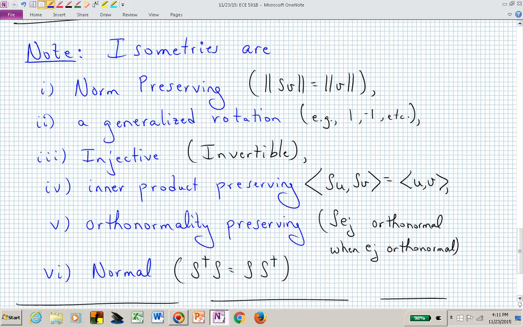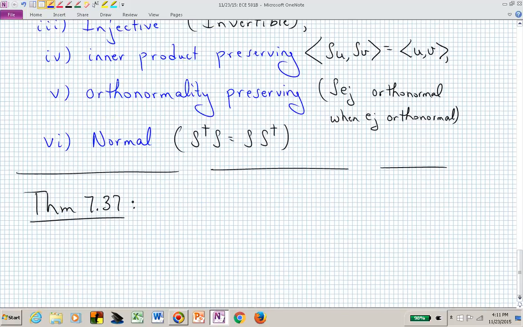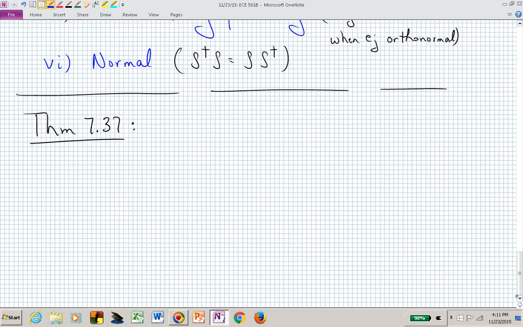So starting with that, let's now look at what these isometries mean or correspond to relative to a complex inner product space or a real inner product space. Let's start with the complex because that's usually a little simpler.